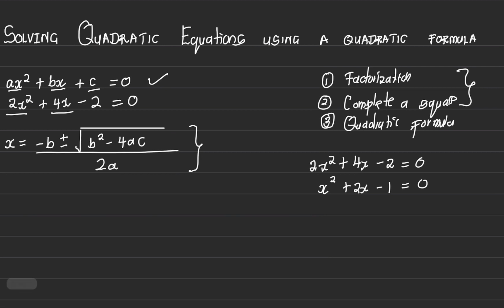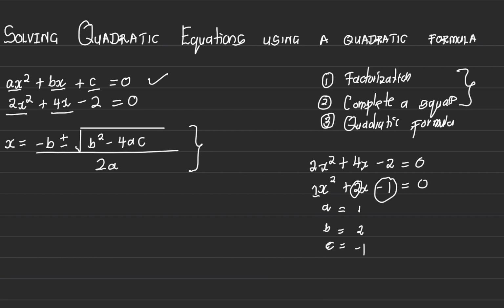Before you substitute anything into your quadratic formula, just write the value of a, the value of b, as well as the value of c, so that you do not confuse yourself along the way. The value of a for this equation is 1, because the coefficient of x squared is 1, the value of b is 2, and the value of c is negative 1.